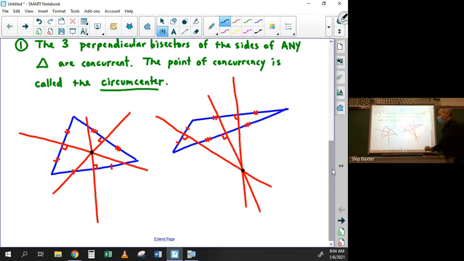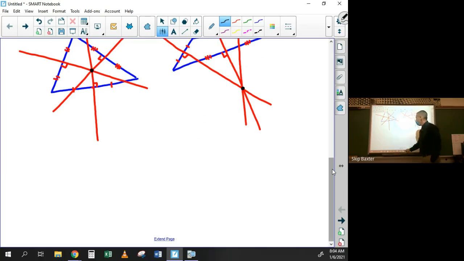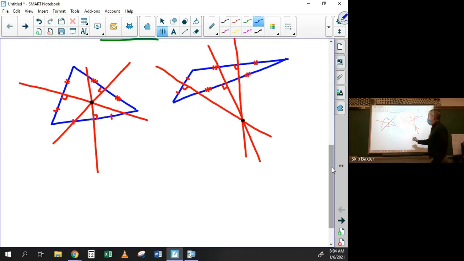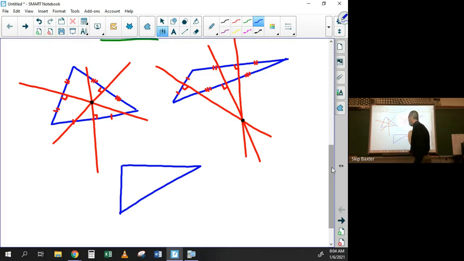Or you could even have a situation in which the circumcenter is on the perimeter of the triangle itself, if it's a right triangle. So suppose I have a right triangle like this. You can see what's going to happen if I do the perpendicular bisector of this side, it's going to be like a horizontal line segment.